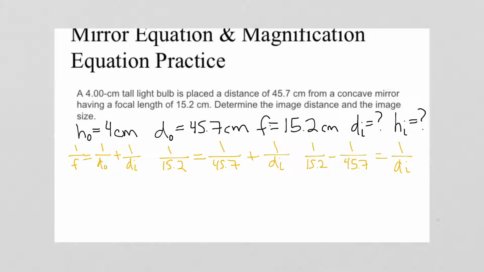That ends up being approximately 0.044 is equal to 1 over di, and di ends up being equal to 22.8 centimeters. That's our image distance from the mirror.